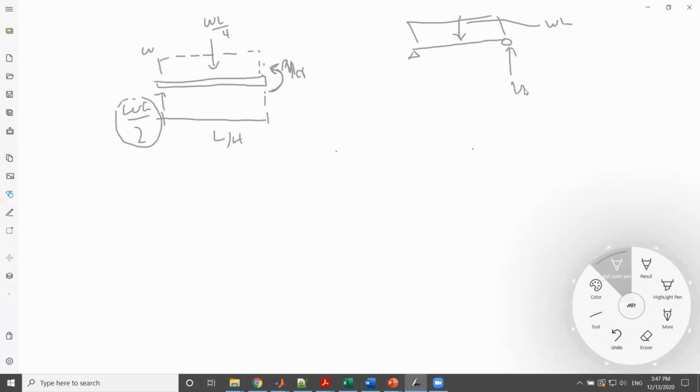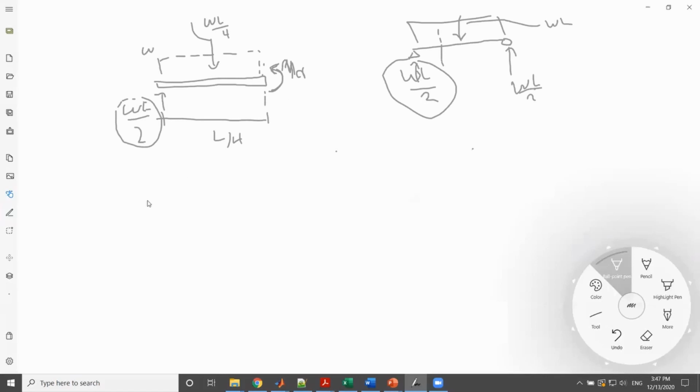Each support would be WL over 2. So this support in here is over there, and I made a section cut in there. I'm considering a quarter of the span. So as you can see here, I have this point load from the distributed load, and I have the support, and I have that moment.